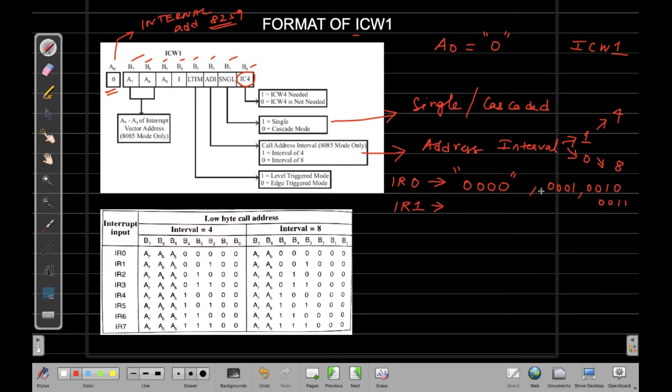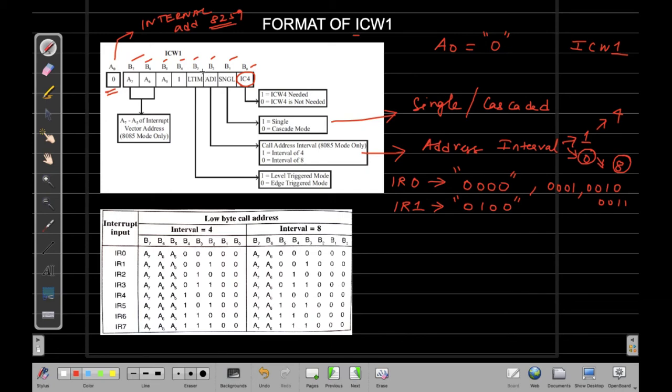So these four locations will be occupied by IR0. The address for IR1 will be 010. Can you understand? This is the interval between IR0 and IR1, and this is the purpose of the address interval bit. If the bit is set as 0, then the interval will be 8. This is again the choice of the user.